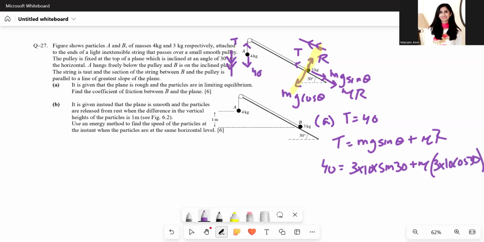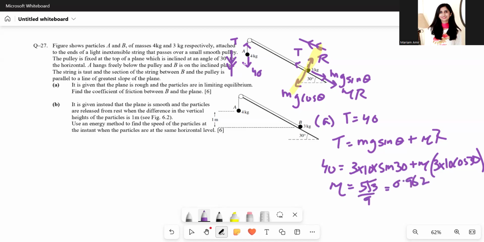Now make mu the subject, and once you're done, you should get 5 root 3 upon 9, the exact answer, and rounded to 3 significant figures, 0.962.